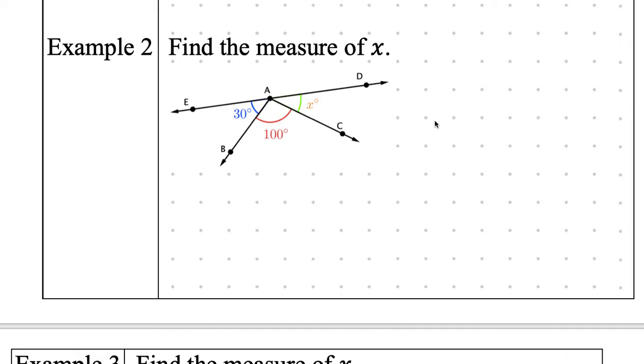You see, guys, it's quite simple. So, this right here is a straight line, 180 degrees. And then you would have to add up all of the angle measurements, so it can add up to 180. So 100 plus 30 is 130. We can all nod our heads. That's true.